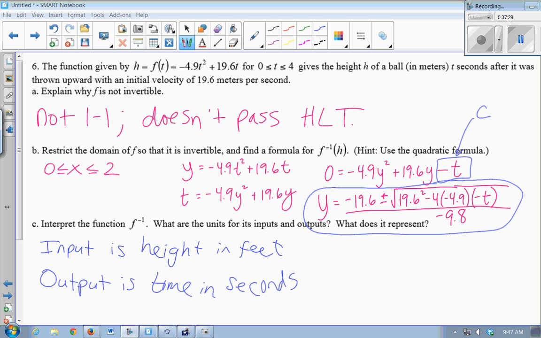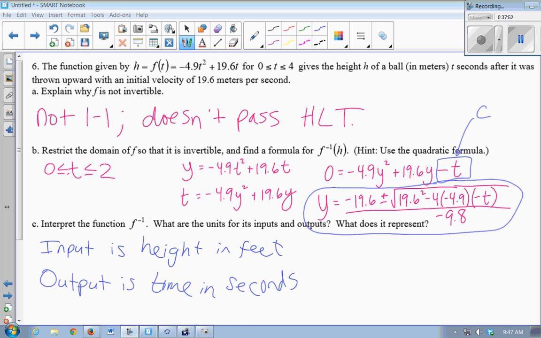Good question. When the variables represent real things, I shouldn't have switched them like I did. So first of all, this is supposed to be t is restricted from 0 to 2, not x. And here, I should not have swapped my y's and my t's. I should have just solved for t, because t always represents time.